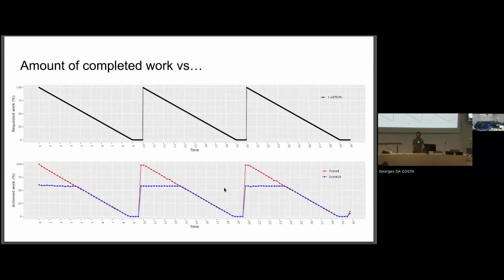So in this presentation, I will discuss an experiment in which we use a user space tool, which is similar to RT app, which is Yogini, in which we request a certain amount of work from the CPU.